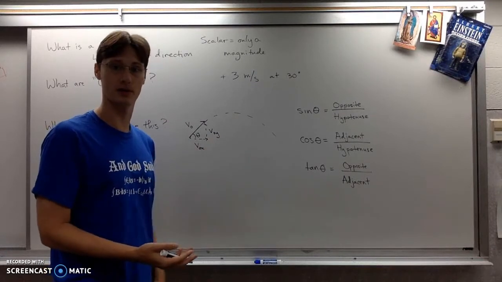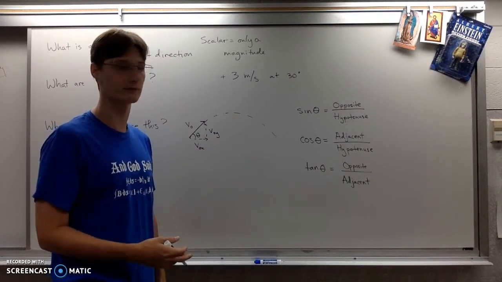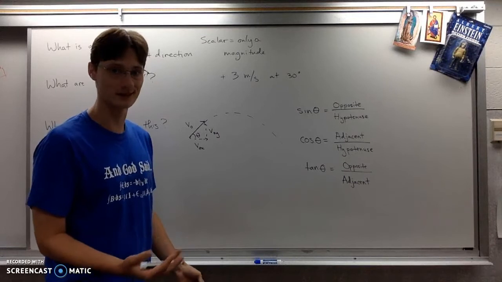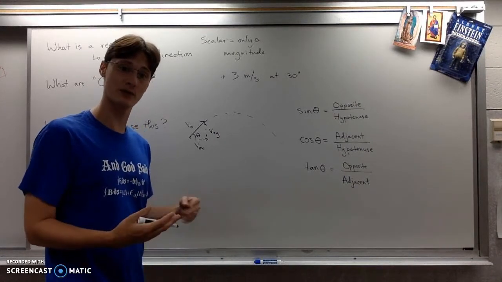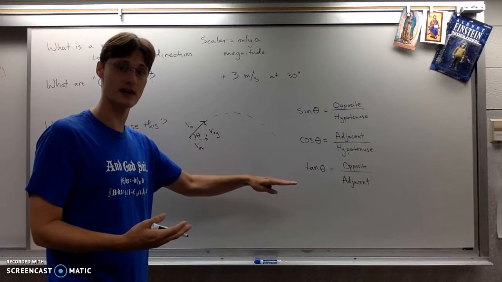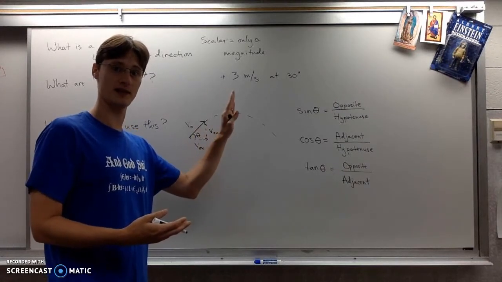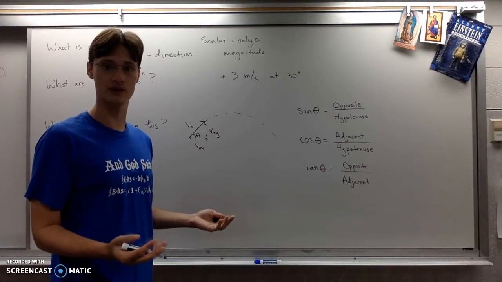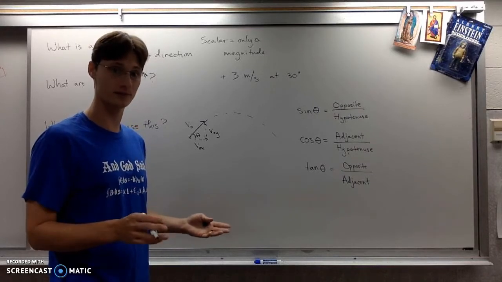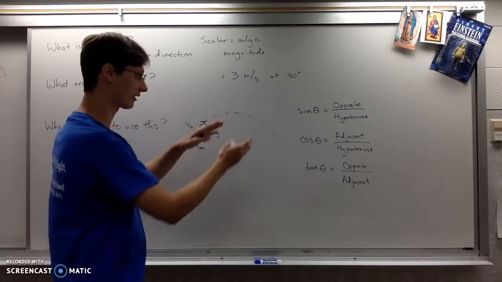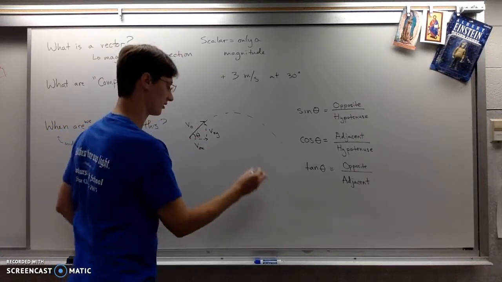The horizontal component is a different trig function, and you'll always be able to use it that way. If for some reason I switch the angle from being from here and it's from this, then the trig functions switch. So you do have to pay a little bit of attention to where the angle is drawn from, but everything is going to be related to these functions here.